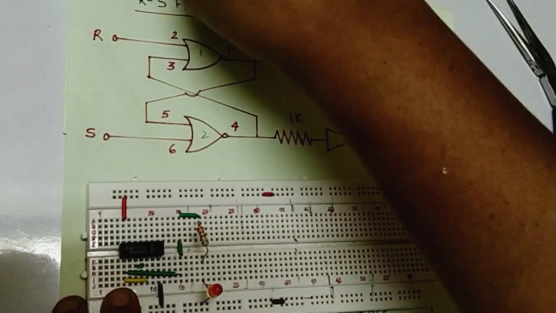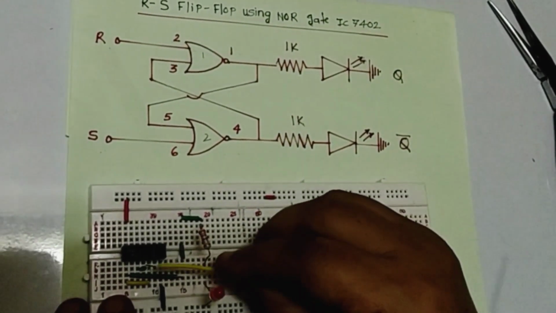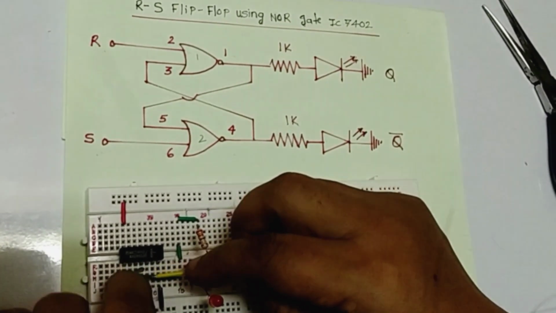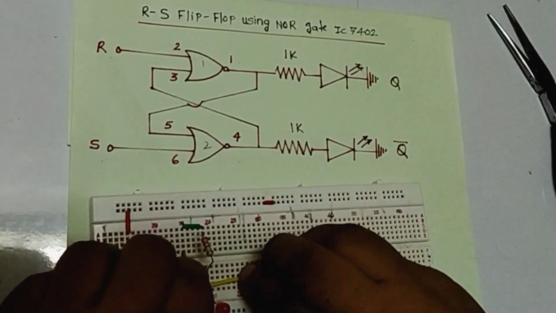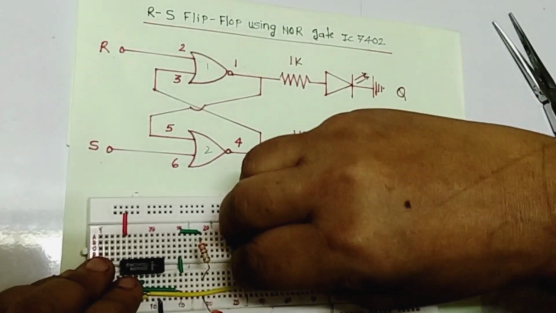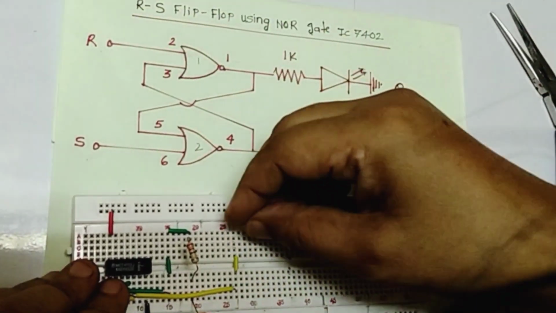Now the next output of the circuit is pin number 4. We are connecting here, pin number 4, going up now. And this is the output of the circuit.